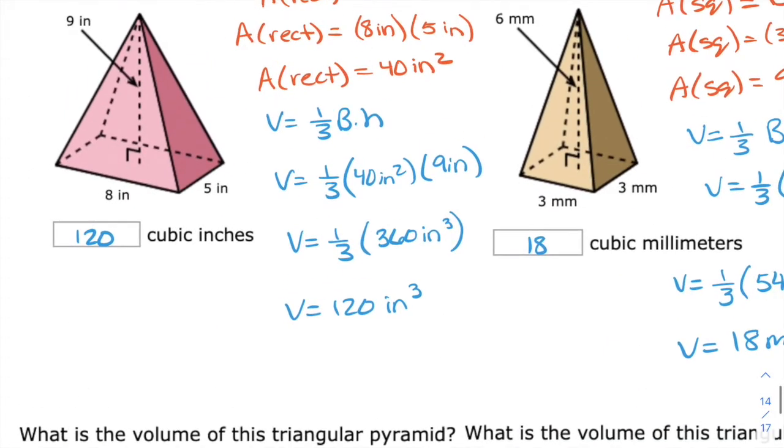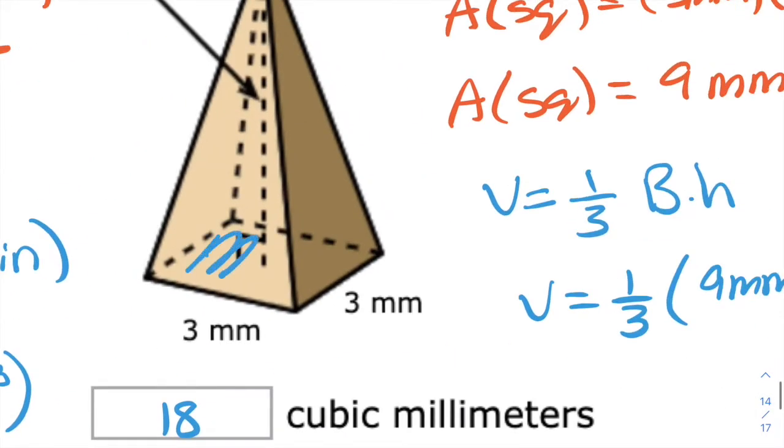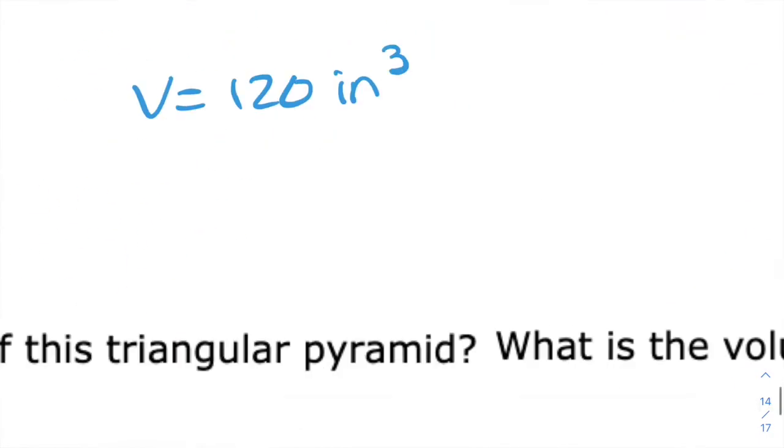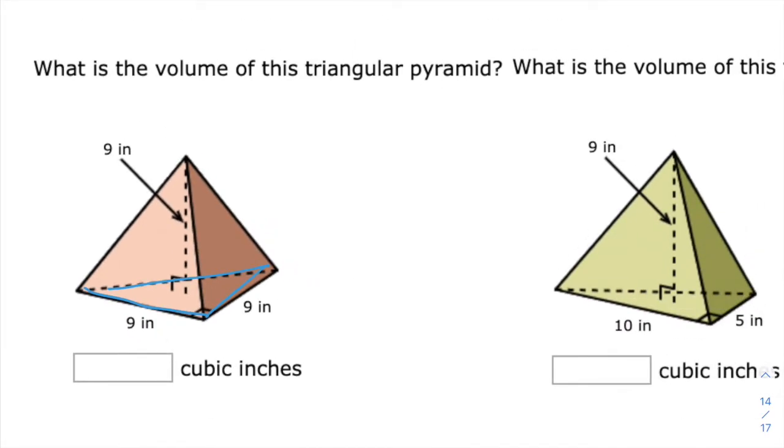Now, here's the difference. See how these bases were rectangles or a square? This next one is not a rectangle or a square. It's actually a right triangle. So what I need to do first is find the area of my triangle. So area of my triangle is 1/2 base times height.